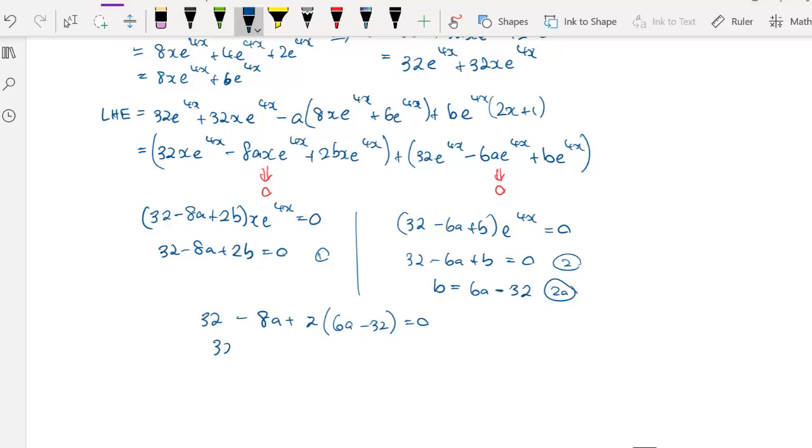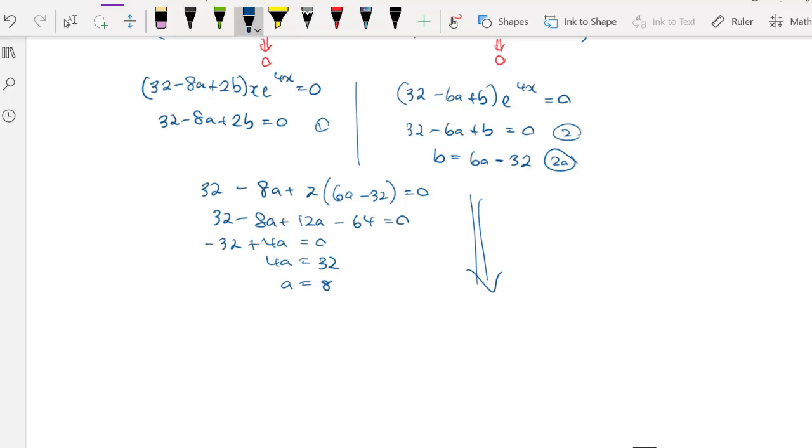Then we've got 32 subtract 8a plus 12a take 64 is equal to 0. So we've got negative 32, and we've got plus 4a is equal to 0. We end up with 4a is equal to 32, and therefore a is equal to 8.